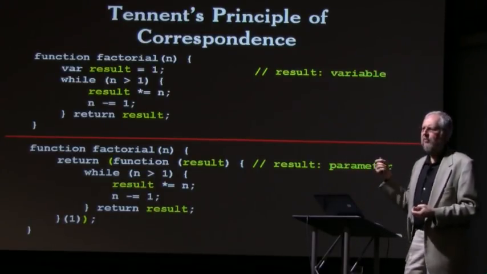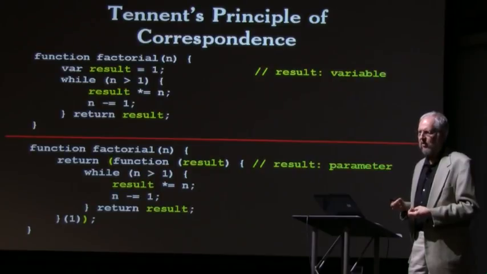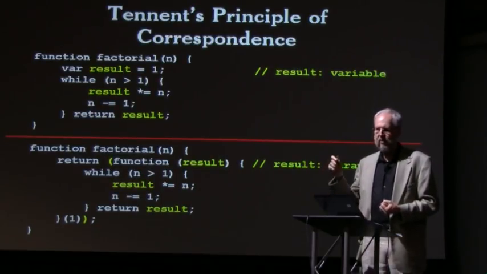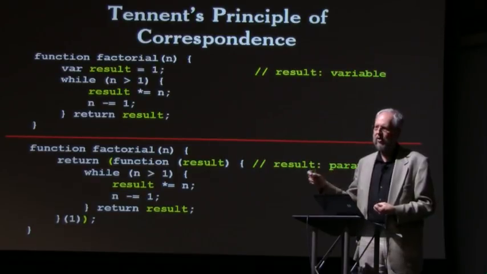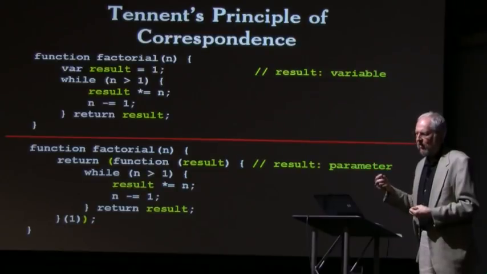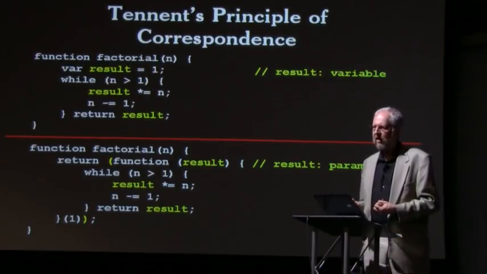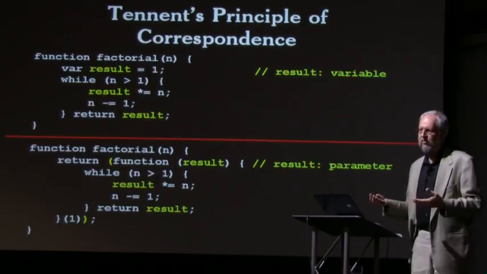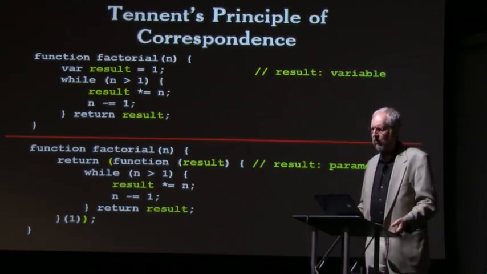Here I have 2 versions of the factorial function that do exactly the same thing. The only difference is one of them uses a variable and the other uses a parameter to represent result. Otherwise, they're exactly the same. Tennant wrote a book called The Principles of Programming Languages, in which he demonstrated the principle of correspondence, which was a correspondence between variables and parameters.